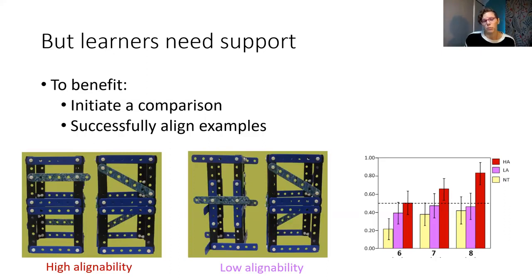But another group of children got two buildings that also differed in the orientation of that key piece, but there were also a lot of other dissimilarities between the buildings, which made it a lot harder to compare them, align them, and see what was alike and different to really hone in on this important difference. What they found was that it was really only the children that got these highly alignable buildings that benefited from the comparison. So the support for that alignment from the overall similarity of the two buildings enabled children to get an insight out of this pair that they weren't able to get out of this pair, because they didn't have that additional support for that comparison.